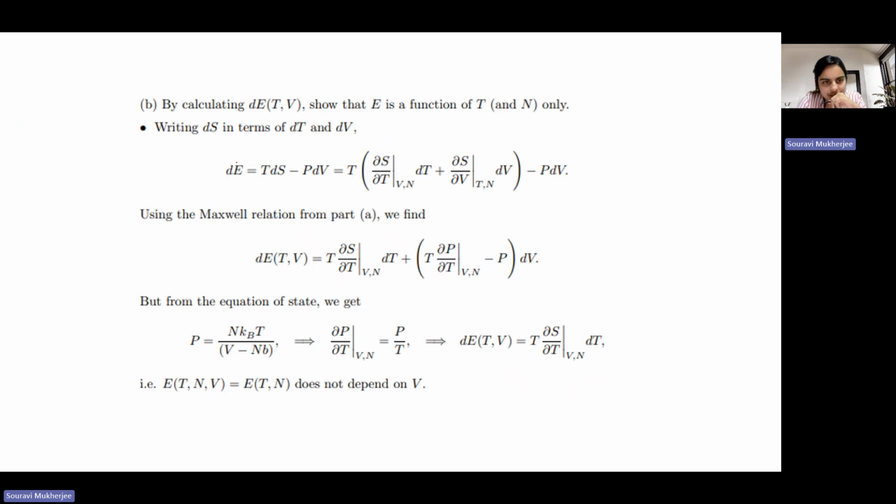See, you can write dS in terms of dT and dV, right? This is something we just started with. So dE is equal to TdS minus PdV, and then you can expand dS in terms of T and V. Okay, you can use the Maxwell's relations, which come in here, right?